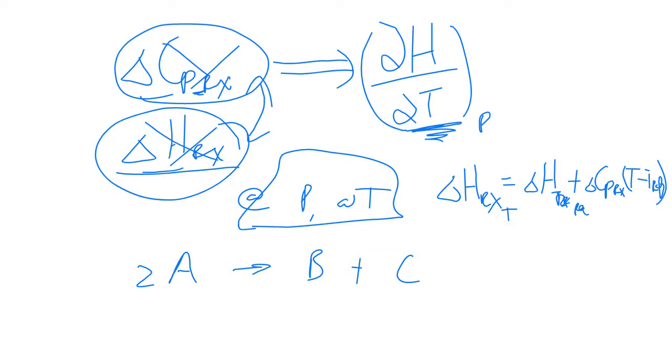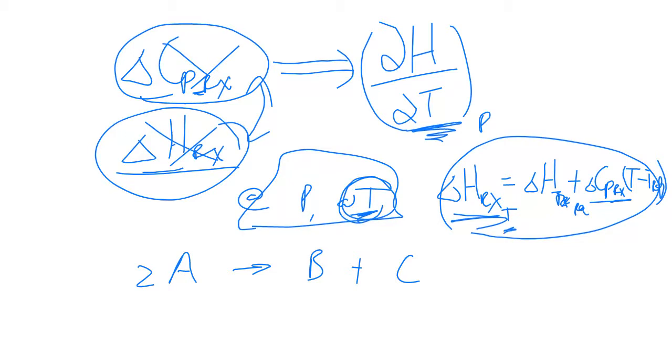So I can relate how this will change with a change in temperature. I bring in the CP value to account for the fact that I'm not considering this at just one temperature, I want it at other temperatures. But it does not say anything about the exothermic or endothermic nature of my reaction.